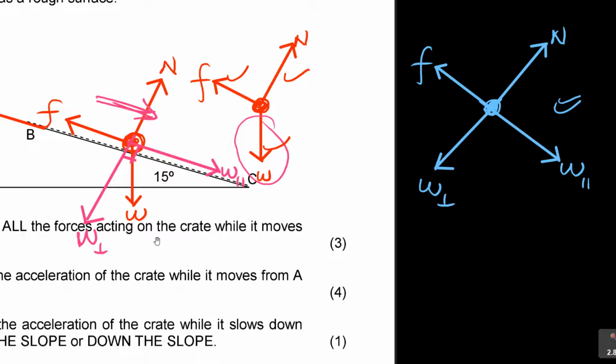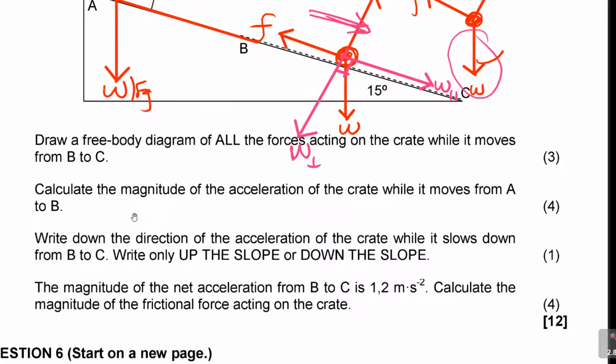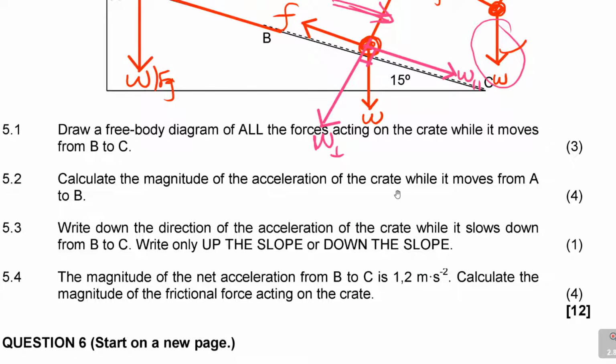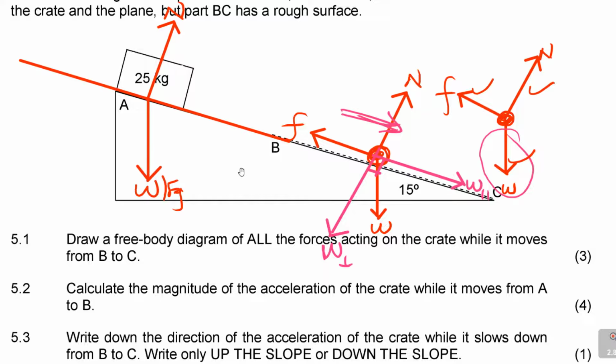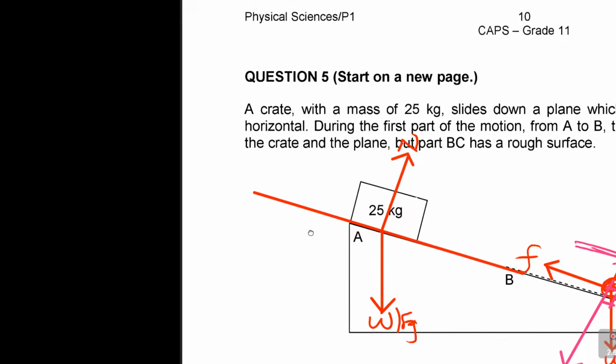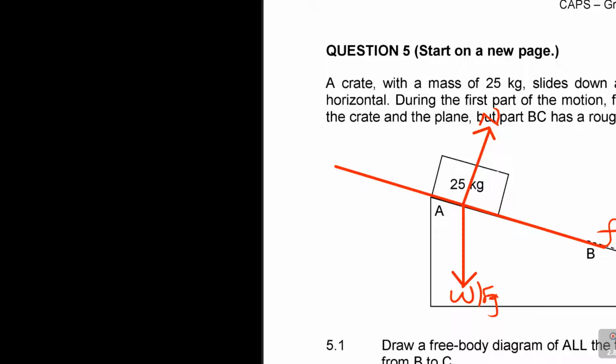Now finalizing this, guys, it says calculate the magnitude of the acceleration of the crate while it moves from A to B. From A to B, look at the forces acting. Let me do it again. If it's accelerating, we're looking at the forces that are parallel to the plane, which is this force.